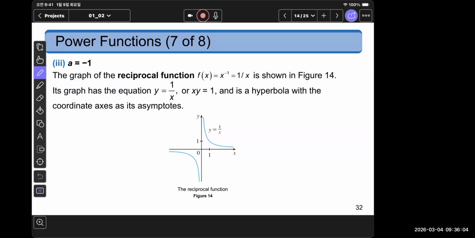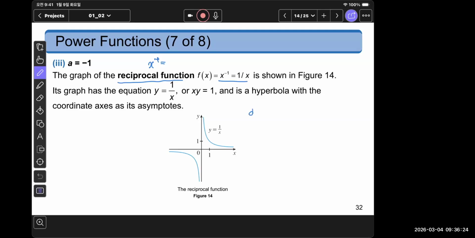When a is negative 1, then x to the negative 1 defines the 1 over x function, which is the reciprocal function, and that is defined on the whole real line except 0.